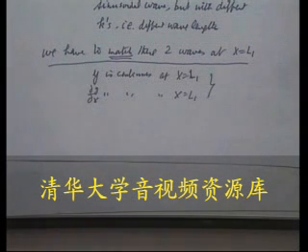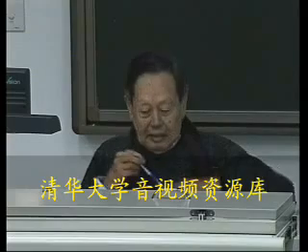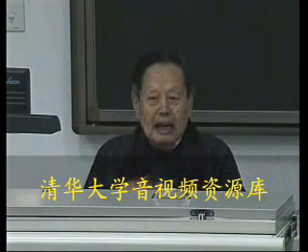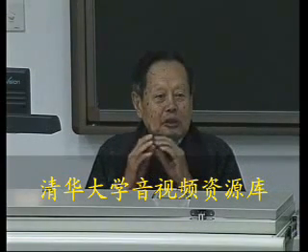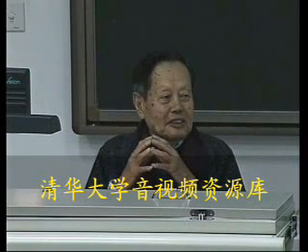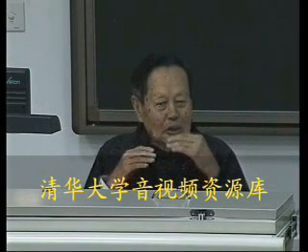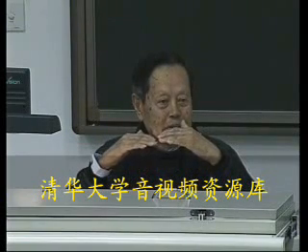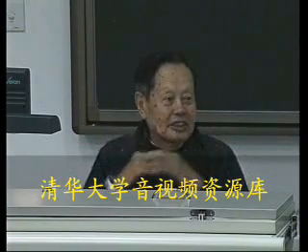Okay, I think we better do this next time. This gets a little bit complicated. After we match, we'll find the complete solution. However, the amplitudes of the two sides also have to be matched.